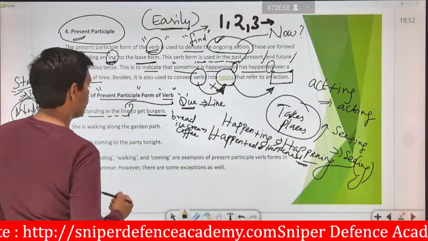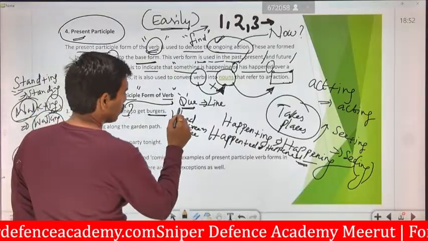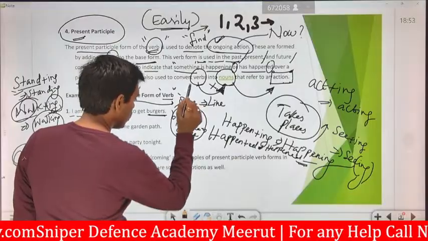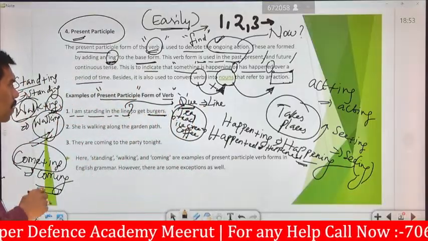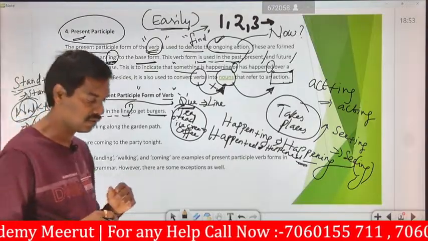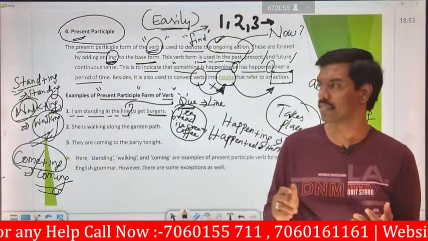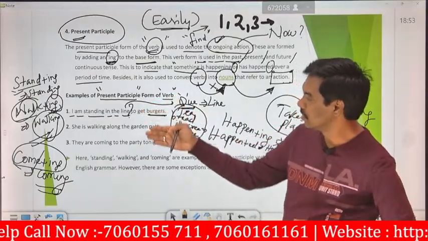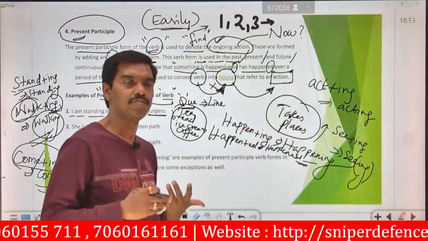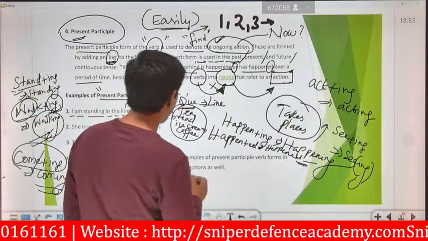I am standing in the line to get coffee. I am standing in the line to get tea. Okay, what do you want? This is the object. It shows that the action has been completed in terms of the sentence. For example, to get a burger, where are you standing? I am standing in the line. So what do you do? Simply standing to get tickets, or to get cinema movie tickets.